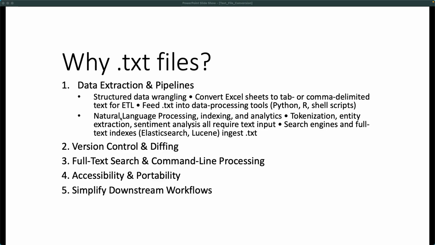AI systems prefer text files for natural language processing because of simplicity and compatibility with multiple programming languages. If you think about it, every programming language and AI framework can read a text file, a .txt file, without special libraries or format-specific logic for that language.